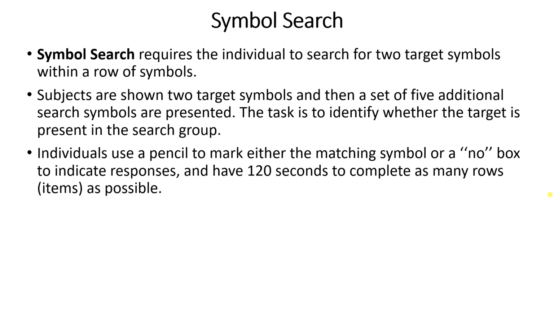Individuals use a pencil to mark the matching symbol, those symbols which are present in the set of 5 additional symbols, or a no box. There is a yes and a no box. If the symbol is not present, they tick the no box to indicate that the symbol is not present.